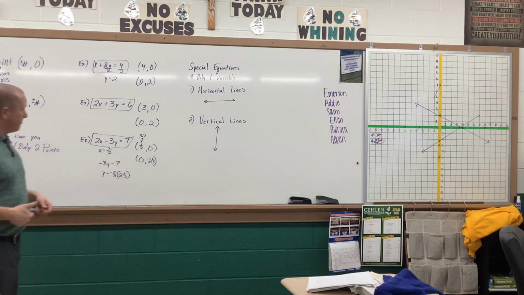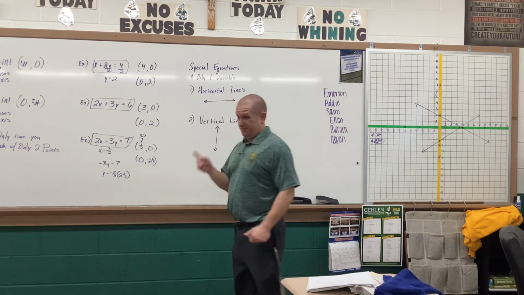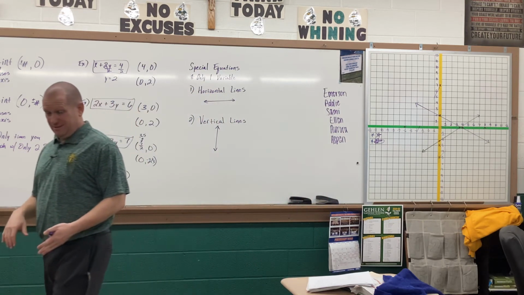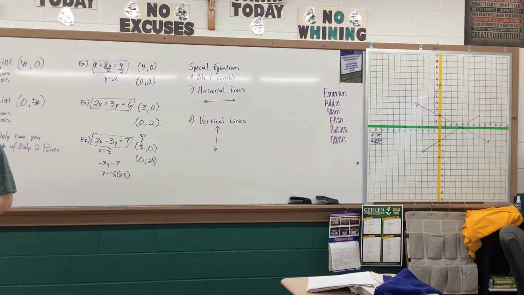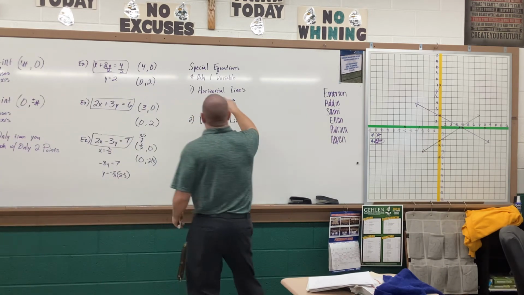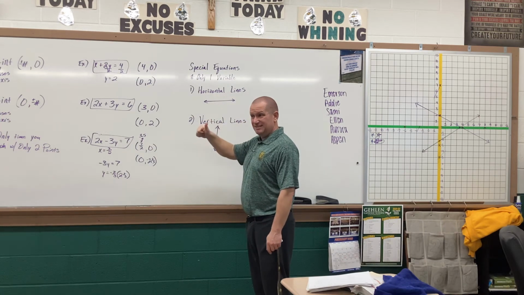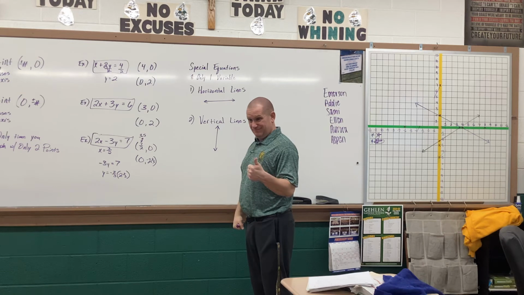Right? All right, so here's the question. Question of the day, the question of the week, really. If you think about this, they can only have one variable. So, for horizontal, do you think horizontal lines have an x or a y?